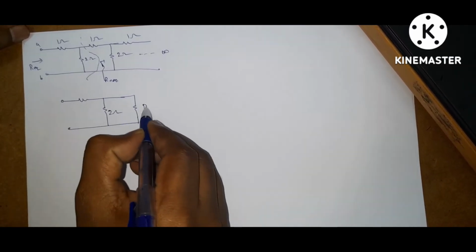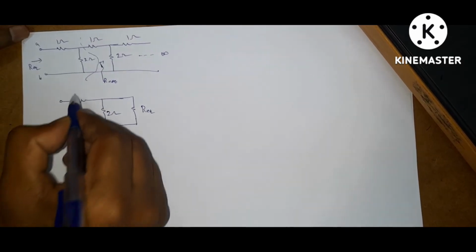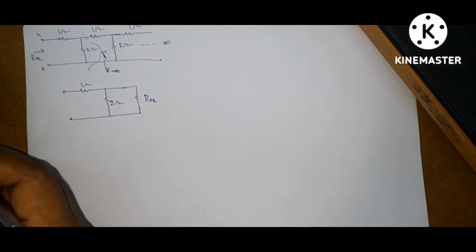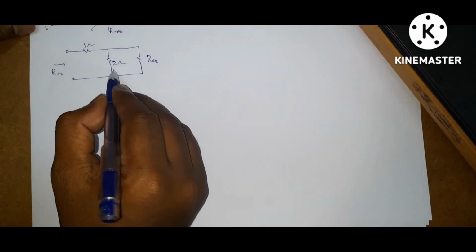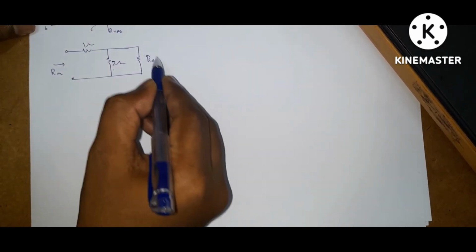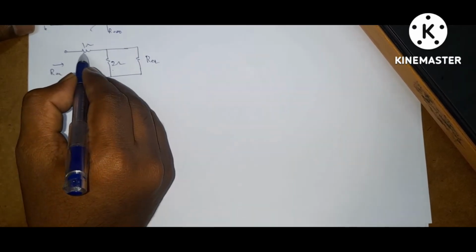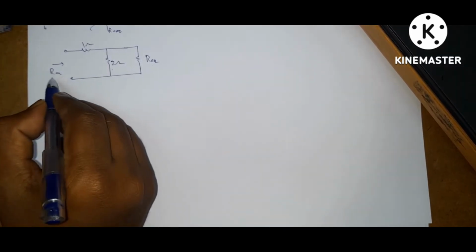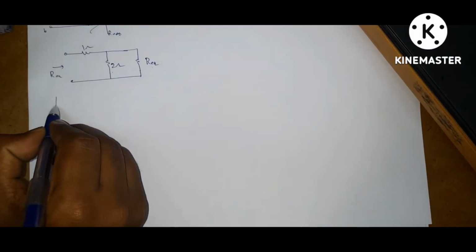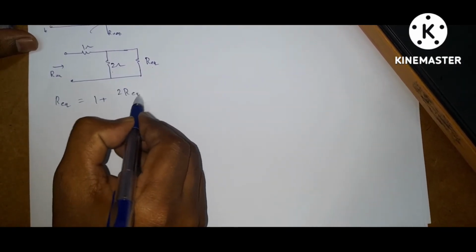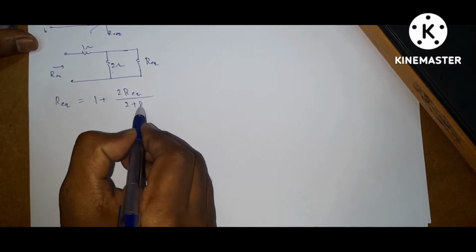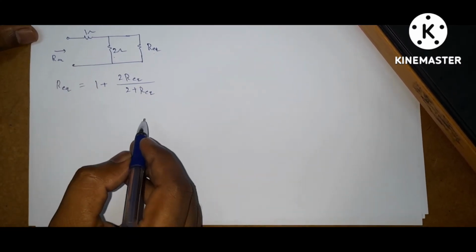This is 2 ohms, and this is 1 ohm. This is R equivalent. So this 2 ohms and R equivalent are in parallel, and this resultant is in series with this 1 ohm. So what is R equivalent? R equivalent is equal to 1 plus 2 into R equivalent by 2 plus R equivalent.